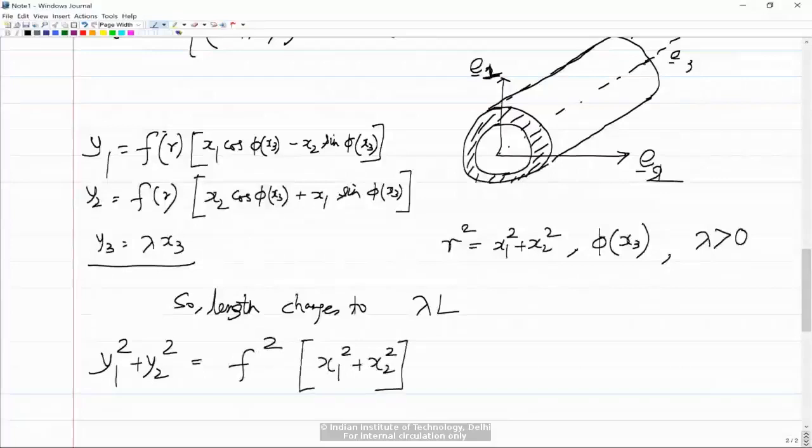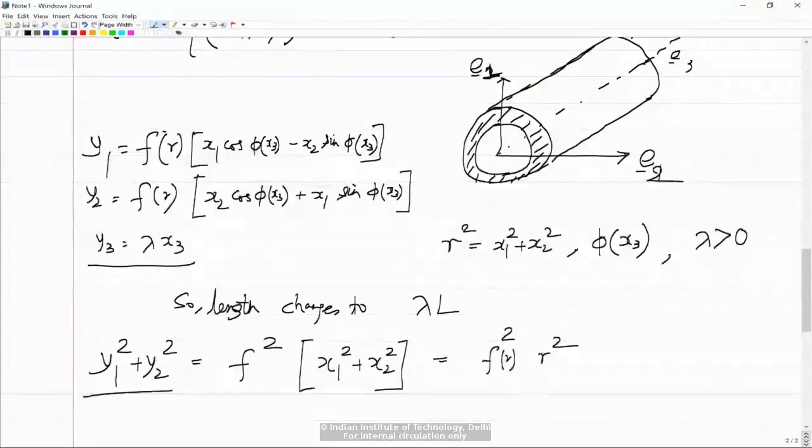Can you see this? When you work out, this is what you will get. But x1 square plus x2 square is simply little r square. So this is the same as f of r whole square into little r square.